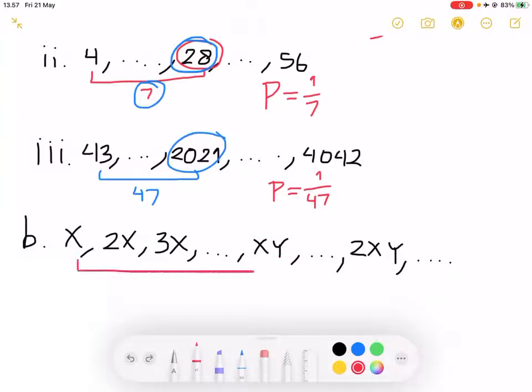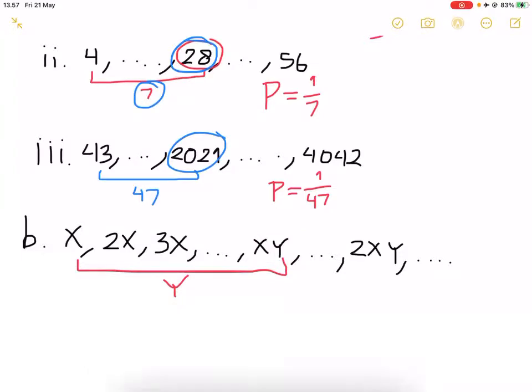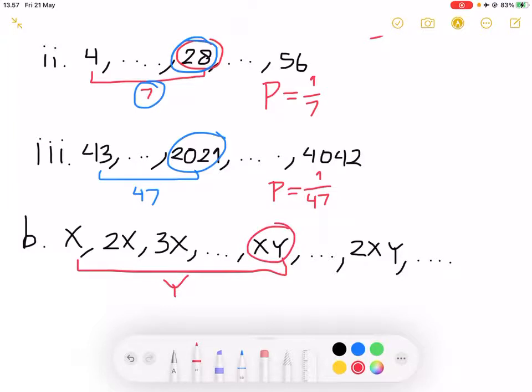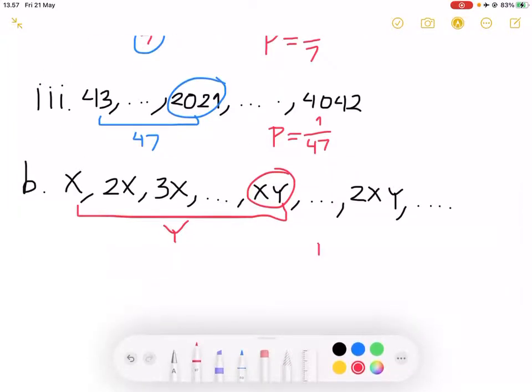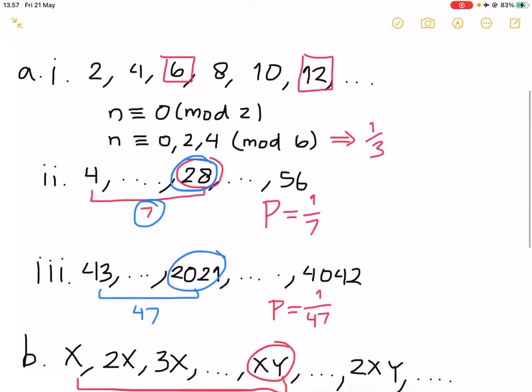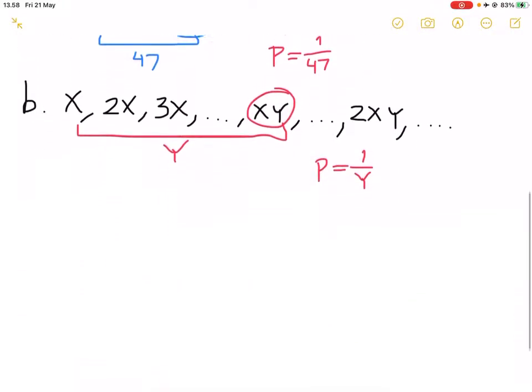And then notice that there are exactly y multiples of x up to our first multiple of both x and y. So we can conclude that our probability here will be once every y multiples of x, since we have x, 2x, 3x, 4x, all the way up until we arrive at xy, which again could be proven by our modular technique that we have done before.